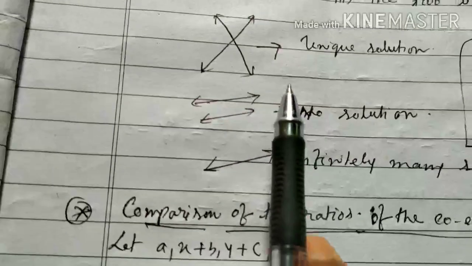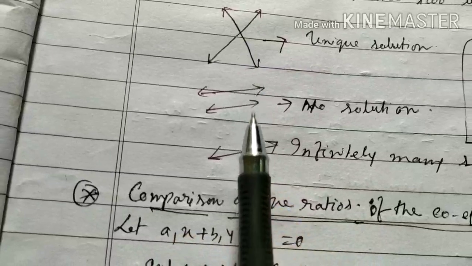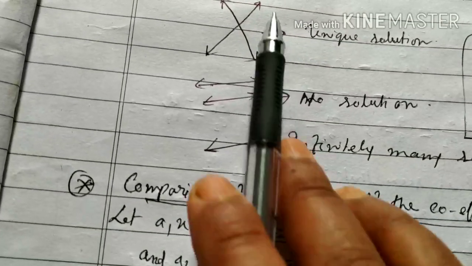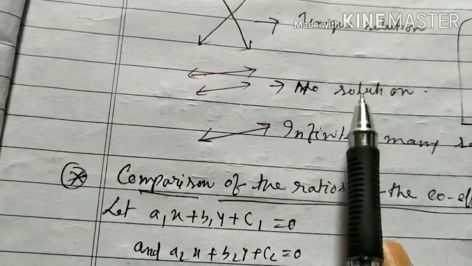After drawing the graph, whether consistent or inconsistent or no solution, we see from the graph.